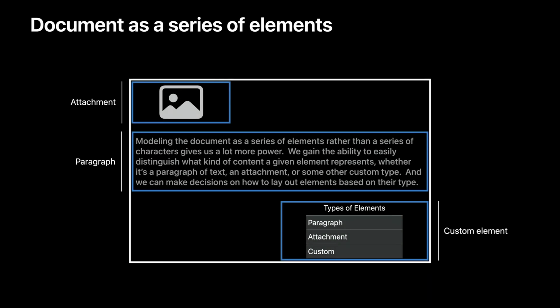Modeling the document as a series of elements, rather than a series of characters, gives us a lot more power. We gain the ability to easily distinguish what kind of content a given element represents, whether it's a paragraph of text, an attachment, or some other custom type. And we can make decisions on how to lay out elements based on their type.